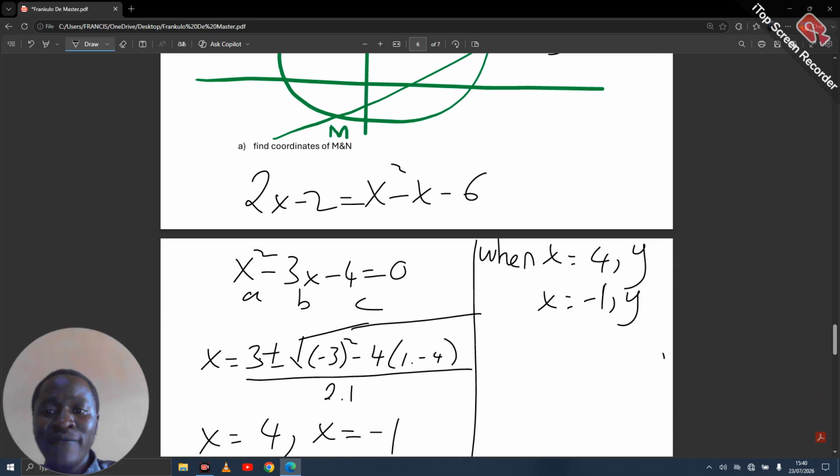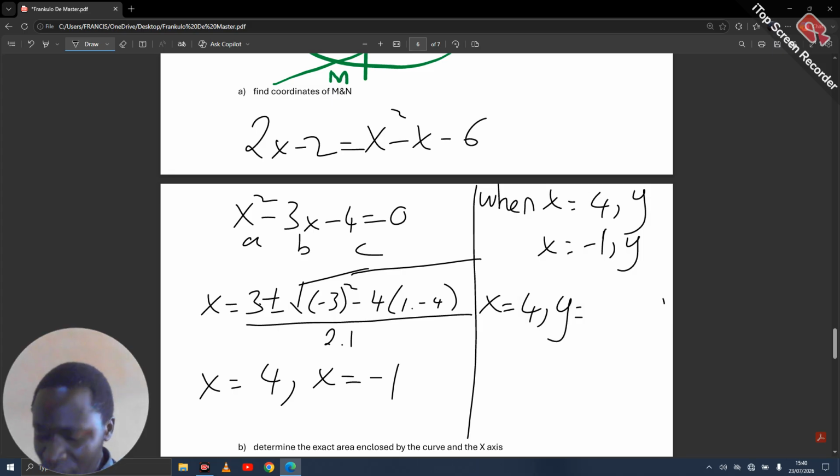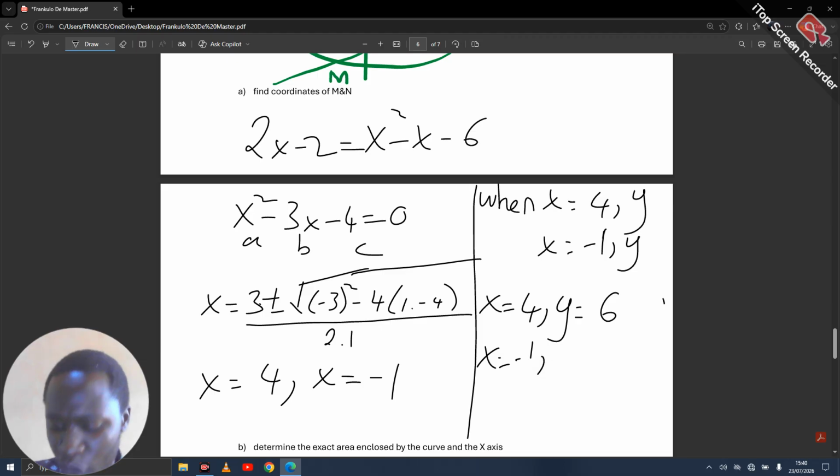It will still give the same answer for y. So when x is 4, y will be 6. And when x is negative 1, y will be negative 4.